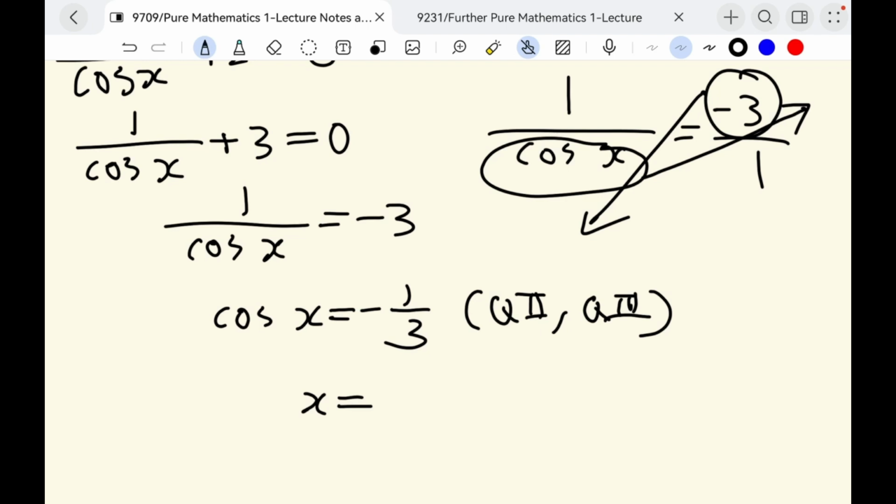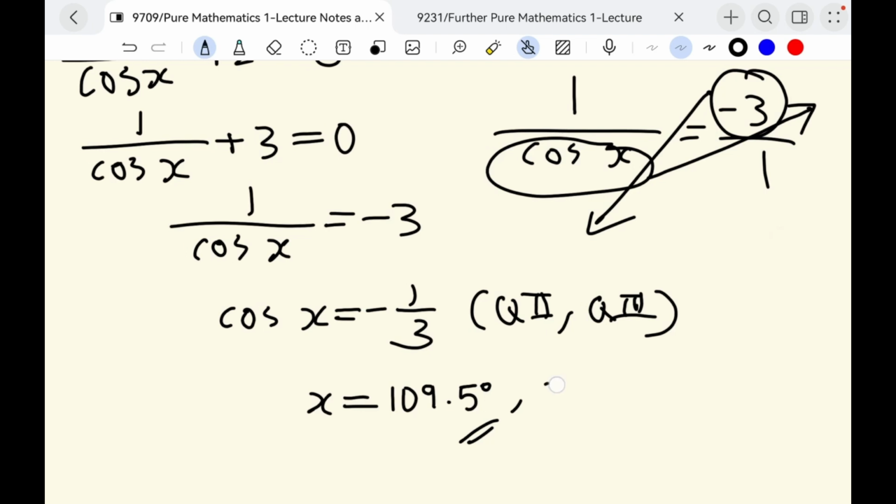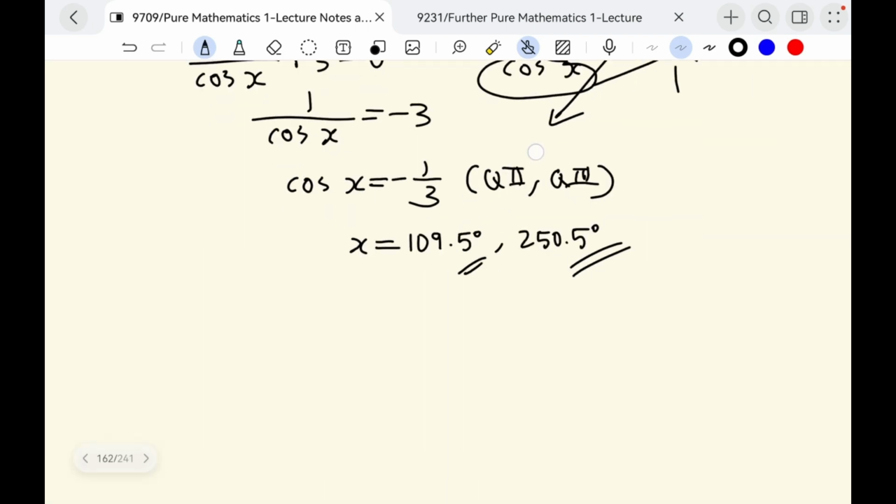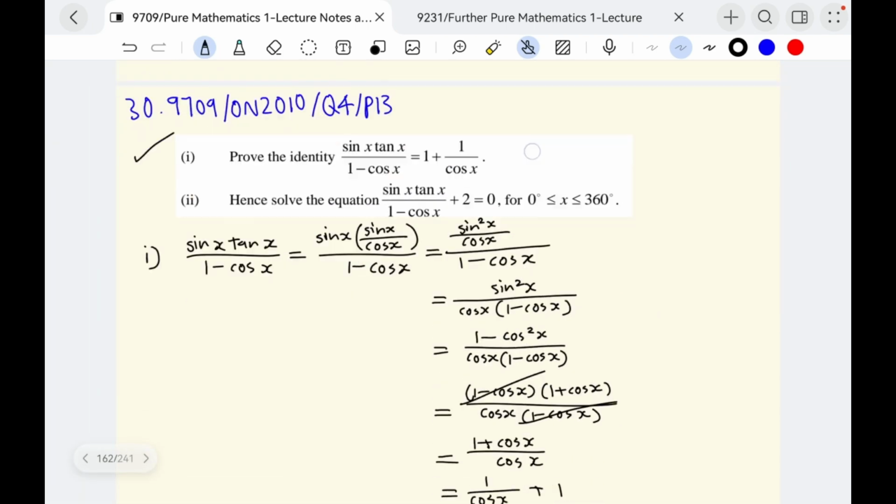So its base angle is 70.5, but 70.5 isn't our answer. So you have to take 180 degrees minus the arc cos of 1 over 3, so you get 109.5 as the first final answer. For the second, for quadrant 3, it is 180 degrees plus arc cos of 1 over 3, which is 250.5. Okay, so yeah, that's all for this question.